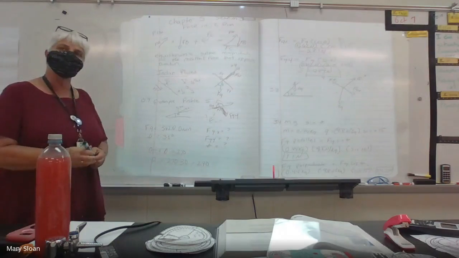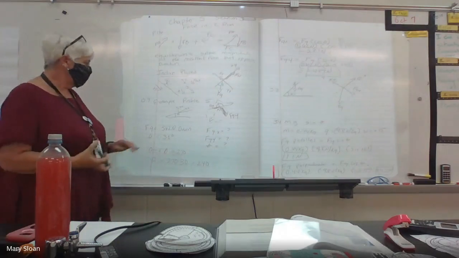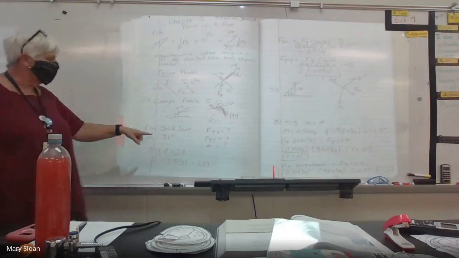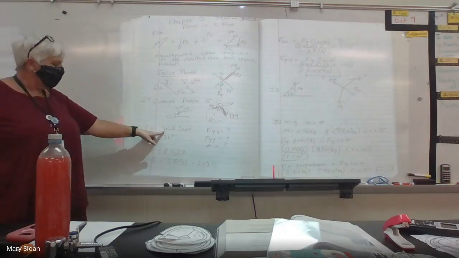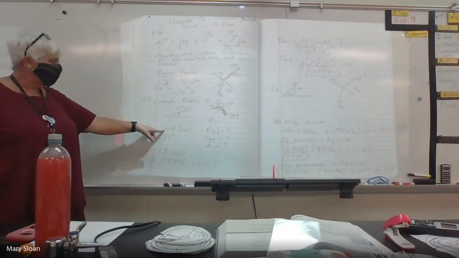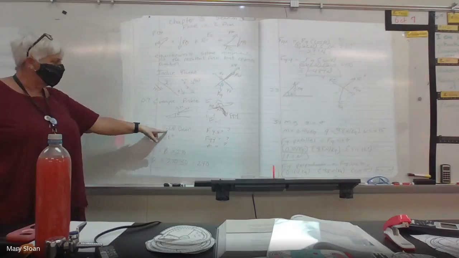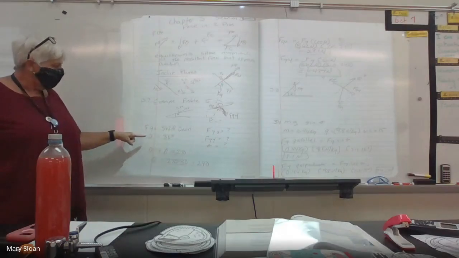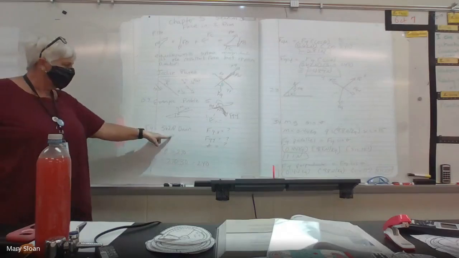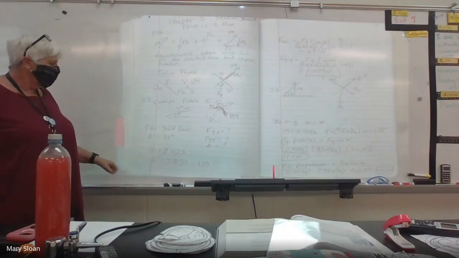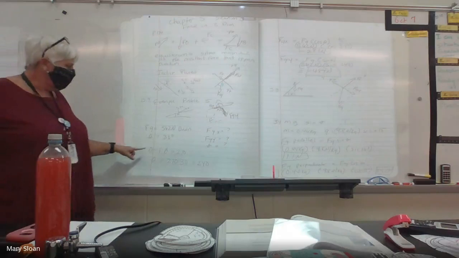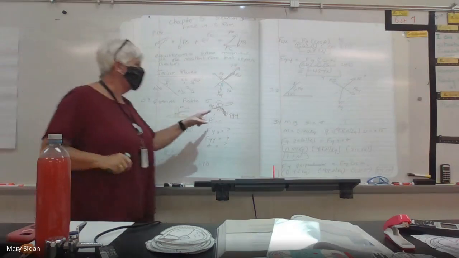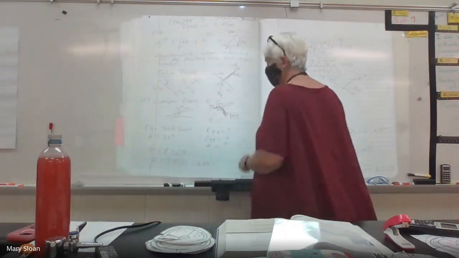Does that answer your question, baby? Yes, ma'am. Okay. Based on the problem, they said that the box's force was 562 newtons down. They said that the angle was 30 degrees. And then we also have to find what the other angle is, because there are two.